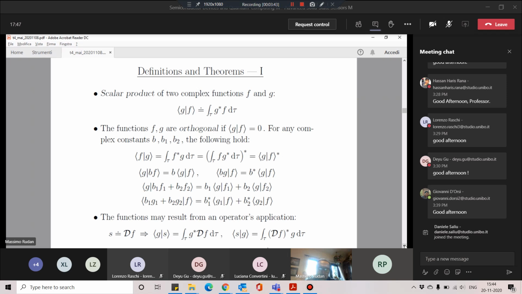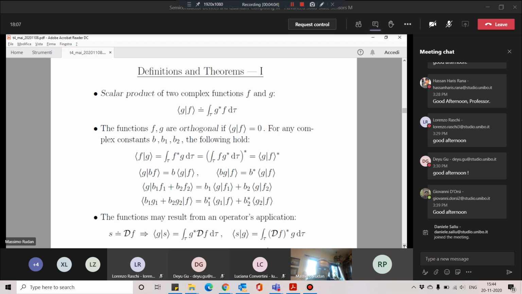And it is usually indicated with the symbol that you can see on the left-hand side, with those parentheses with the tip. And the two functions are separated by a vertical bar.